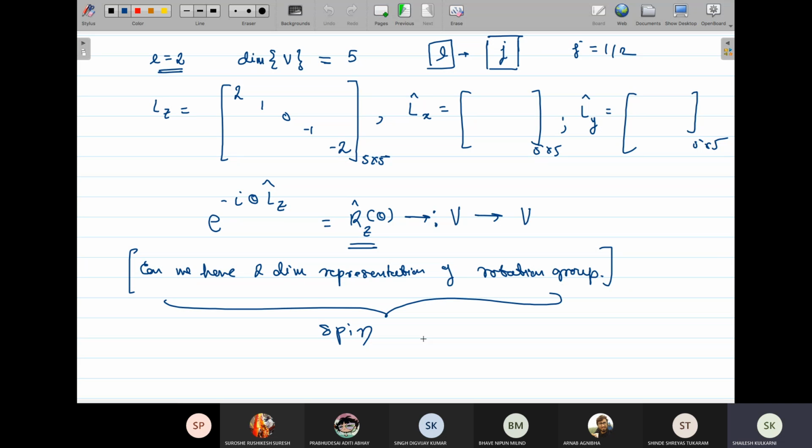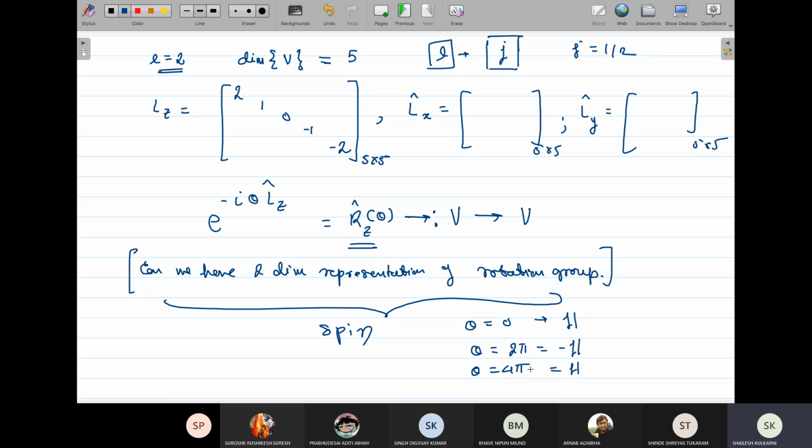If theta equal to 0, you have the identity matrix, no rotation. Then for theta equal to 2 pi, you will get minus of that identity. Then theta equal to 4 pi, you will again get the identity.